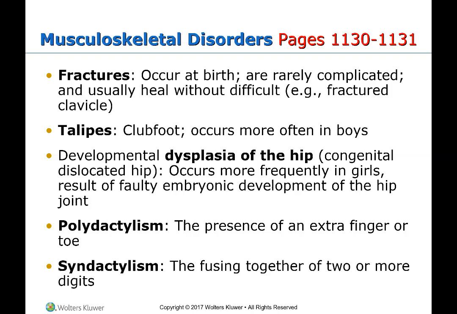They may leave these, but it depends, or they can remove it. And like I say, syndactylism is webbing or fusing together. So they can do this surgery to free those up. So I said that was easy.